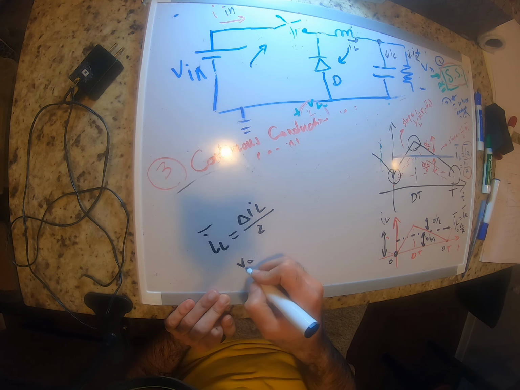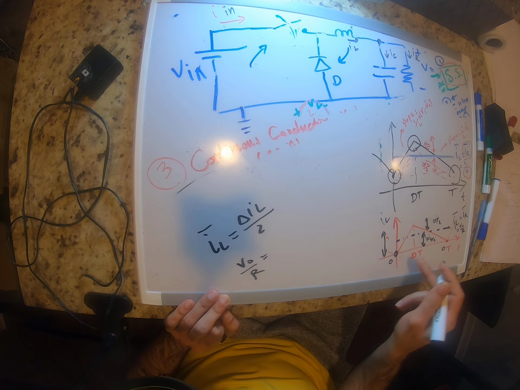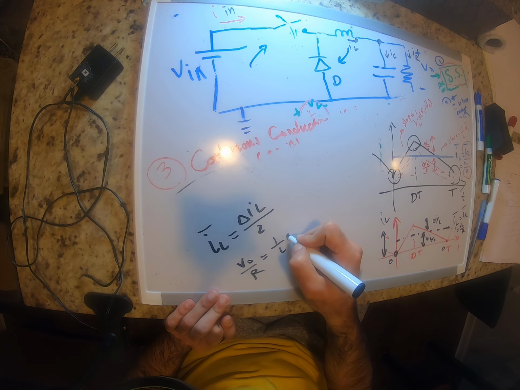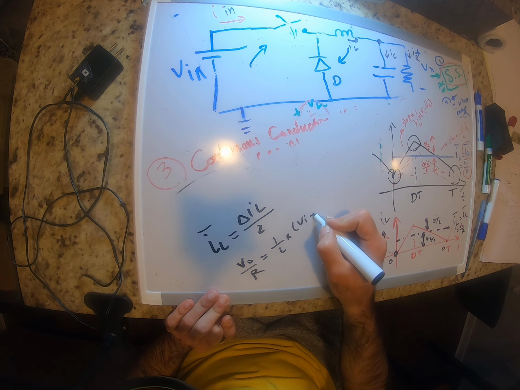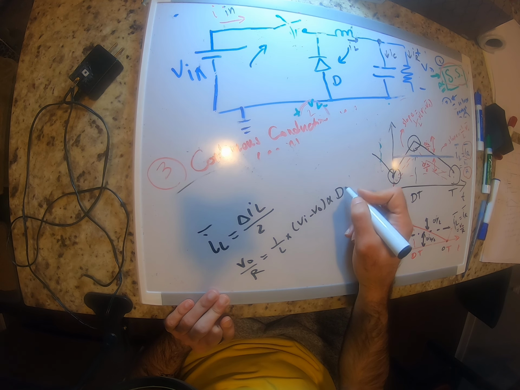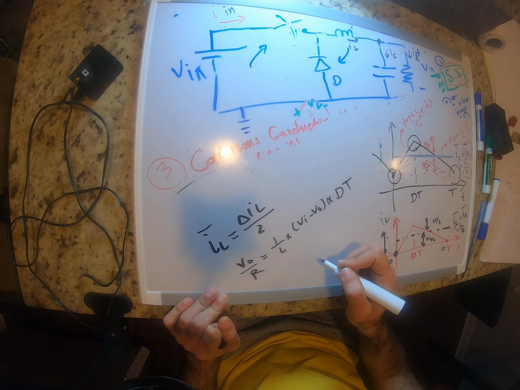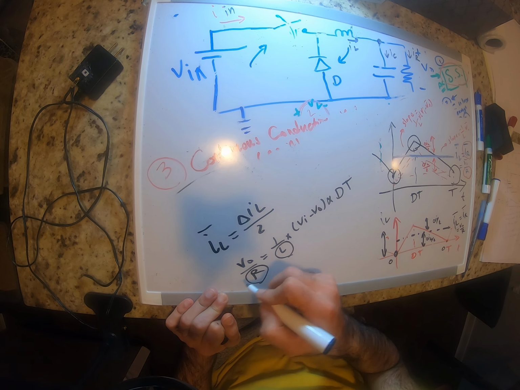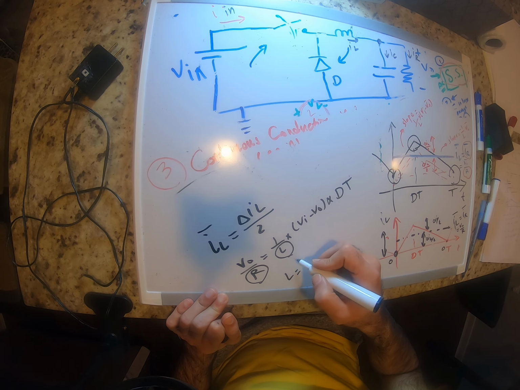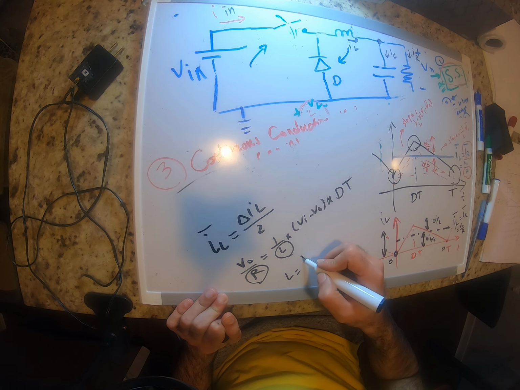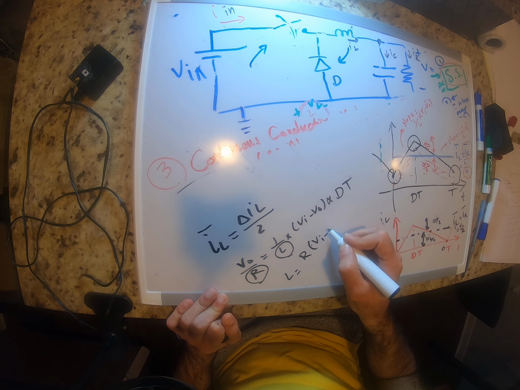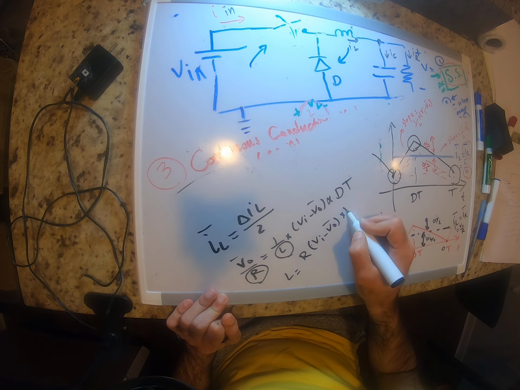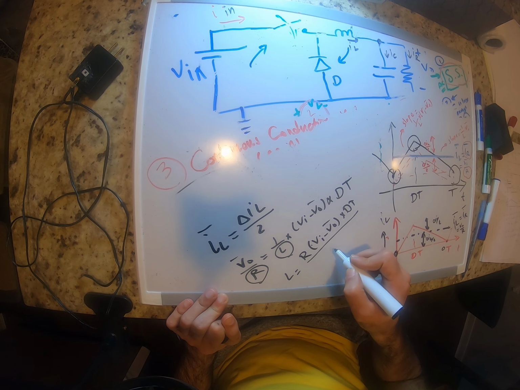IL average is VO over R. Delta IL divided by 2 is 1 over L times (VI minus VO) times D times T. Now if I know R, I want to find L. It's going to be R times (VI minus VO) times DT divided by 2 VO.